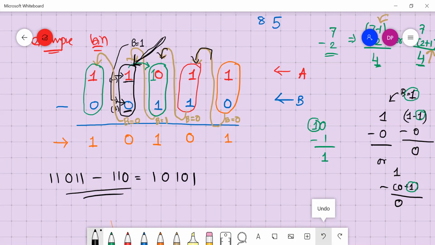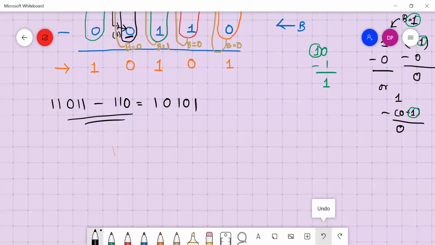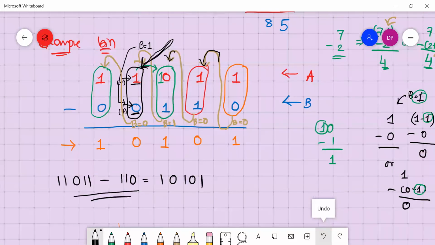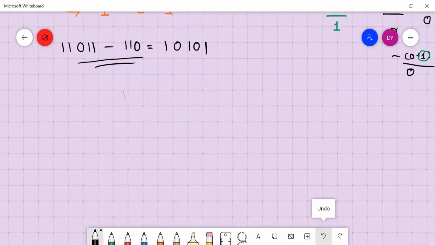Now let's make the table for full subtractor, taking this logic into account. We have a variable a, we have a variable b, and we have another variable b in. I take b in as the previous borrow.